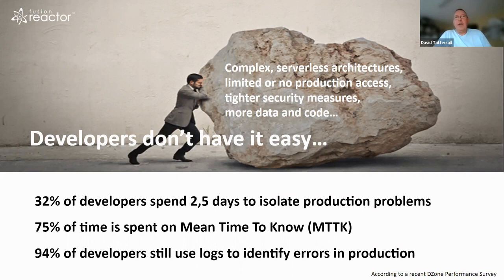Very often when I'm talking to people, I ask them, does that number fit? And very, very often it does. Some people say sometimes it takes a week or a couple of weeks. Sometimes it goes faster. But I think on average, 2.5 days is a good value. We got this information from a DZone performance survey.